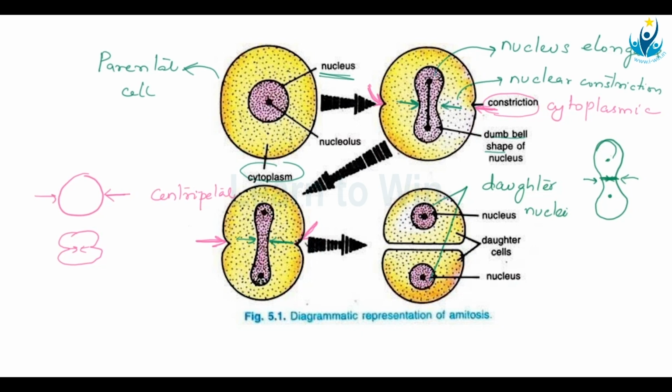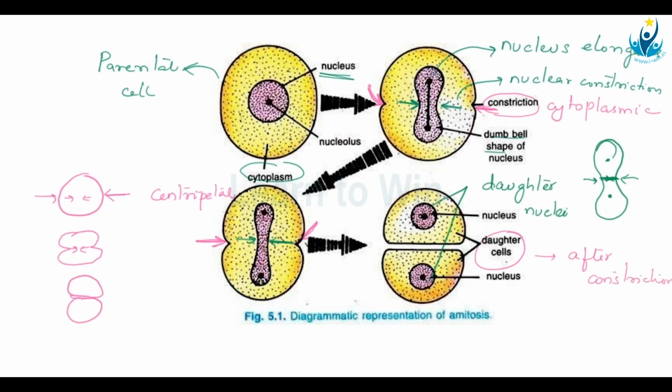Centripetal means from outside to inside. So from outside to inside, the constriction will move, dividing the cytoplasm into two parts. And that is what happened here. When the daughter nuclei divide, the cytoplasm also divides to form two daughter cells after the constriction.